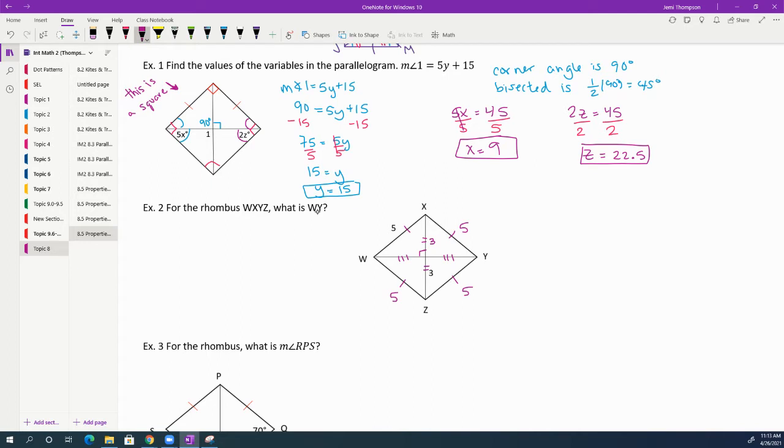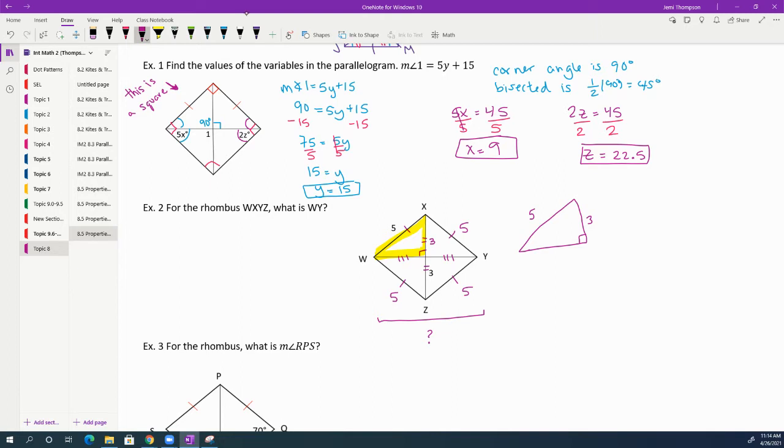My goal is to find WY. This is what I'm looking for. But using my cursor, I don't have this piece of the information. So what I'm going to do, I'm going to hone in on this triangle here. And the Pythagorean theorem tells us that if I know any 2 sides in a right triangle, I could find the other third side.